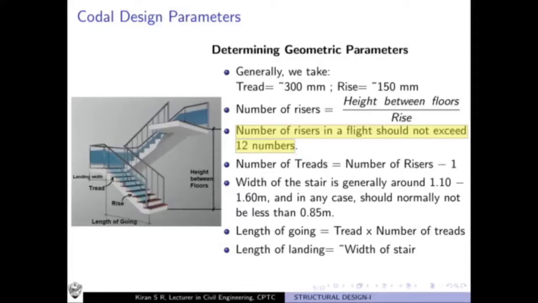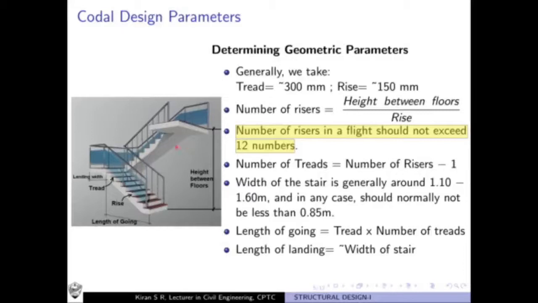So if you have 20 risers in the entire staircase, then you can give only 12 risers in a single flight, and the remaining 8 risers may be provided in the second flight. Okay, so that is what should be done.